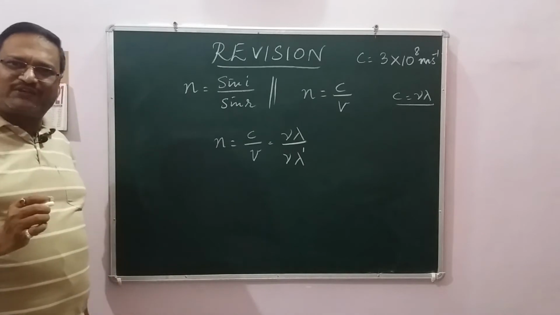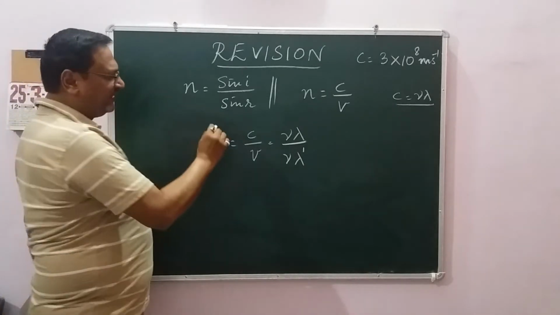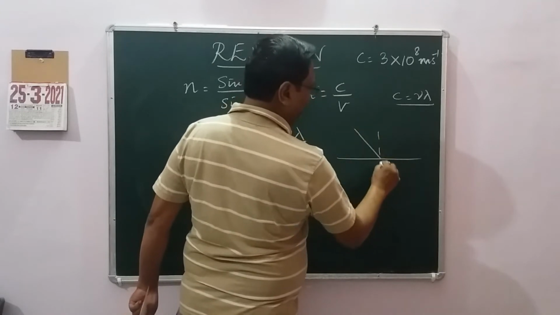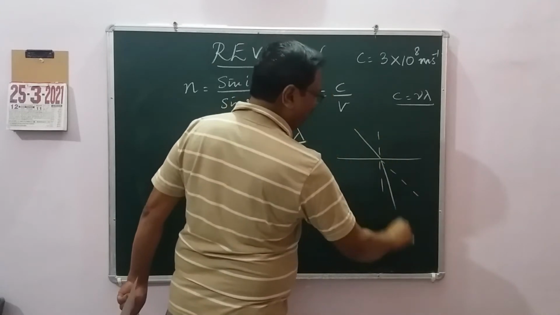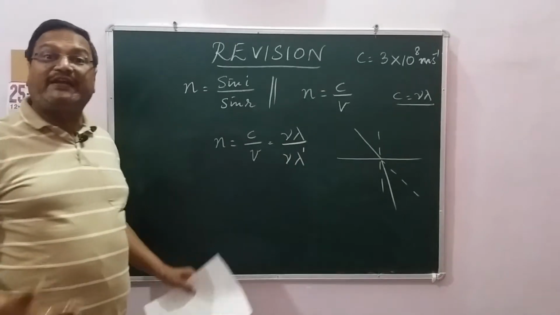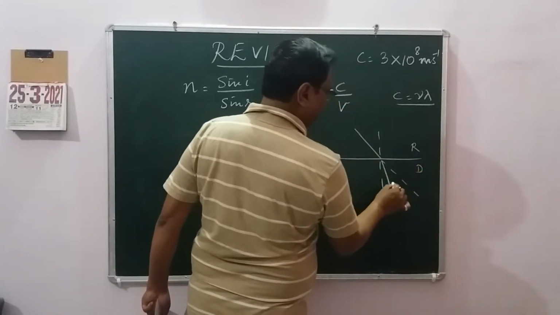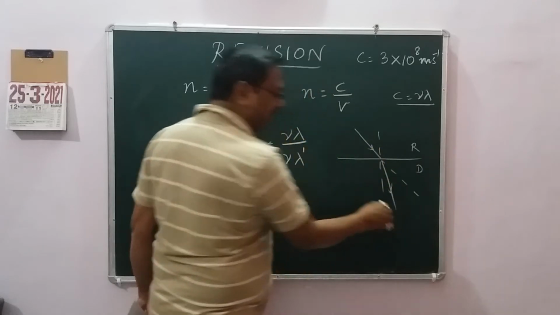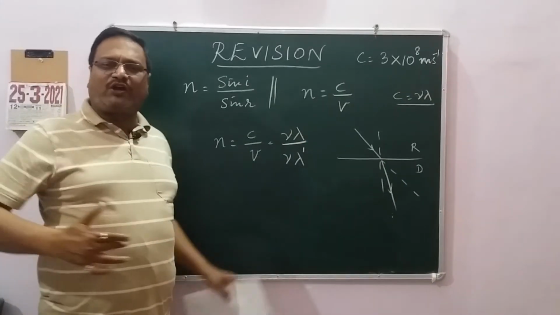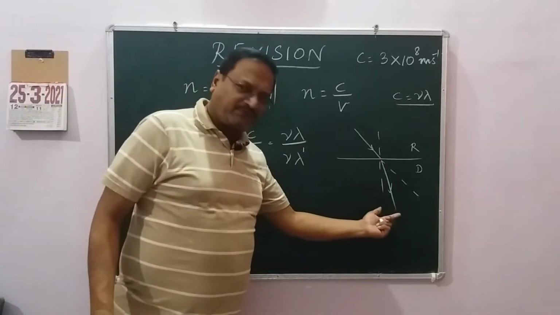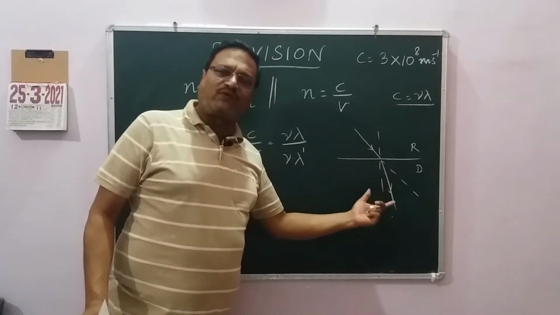Now you watch carefully. When light travels from one medium to another medium, what is happening? It is bending towards the normal. When it is going from rarer to denser, what is happening? Its speed is decreasing because it is an optically denser medium. The speed is decreasing, what will happen?